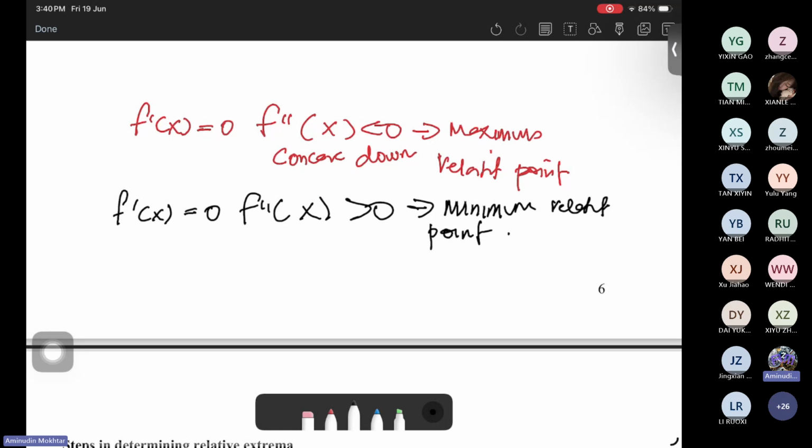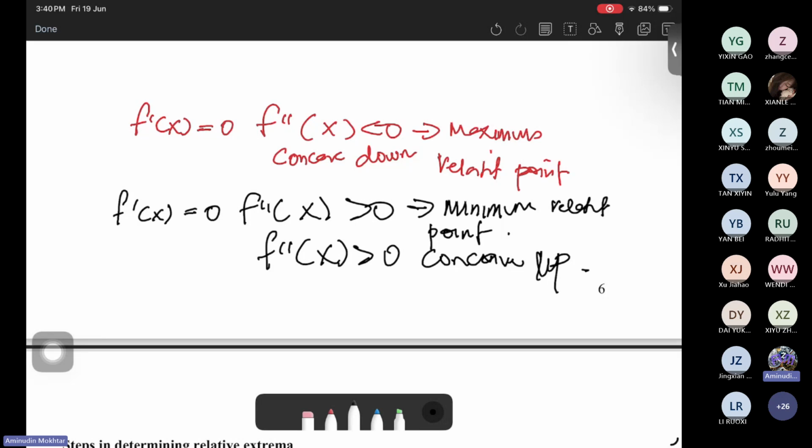For this situation, the first derivative is 0, and the second derivative is positive or negative. The first derivative will determine the slope of the tangent line. The second derivative will determine the concavity, whether the graph is concave up or concave down. If the second derivative is negative, the graph is concave down. If the second derivative is positive, the graph is concave up.